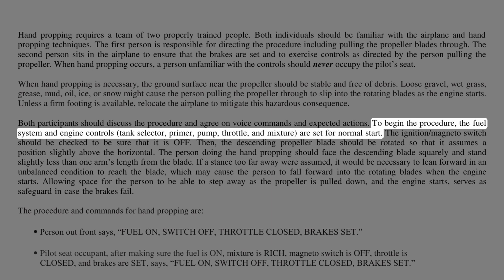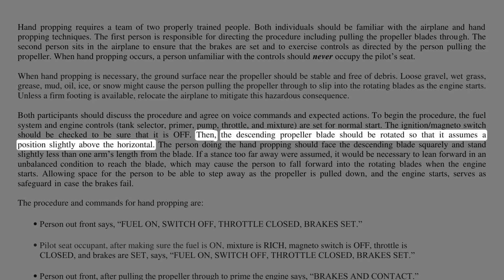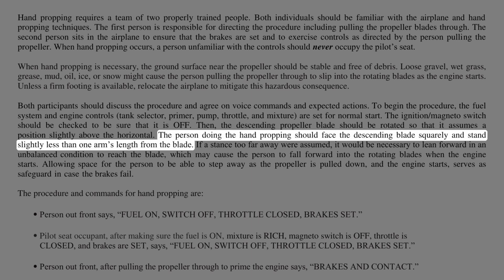To begin the procedure, the fuel system and engine controls (tank selector, primer, pump, throttle, and mixture) are set for normal start. The ignition (magneto switch) should be checked to be sure that it is off. Then, the descending propeller blade should be rotated so that it assumes a position slightly above the horizontal. The person doing the hand propping should face the descending blade squarely and stand slightly less than one arm's length from the blade.